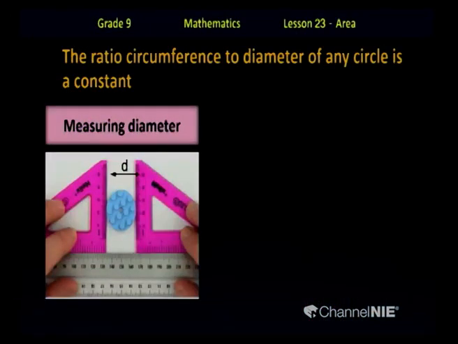How you can find out the diameter of a circle? It is a circular object. We can't fold it because it is a solid. So you can use this setup. There is a straight edge, your ruler and two set squares. Then you can arrange them in this way and read the measurements on the ruler. You can get the diameter.